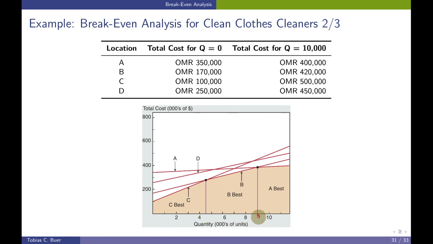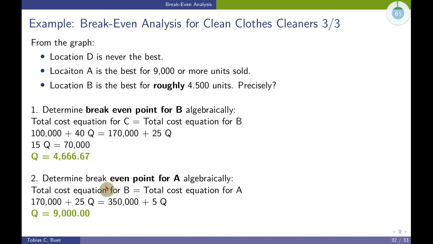We can repeat the procedure to identify at which quantity A is better than B by setting the total cost of B equal to the total cost of A and solving for Q, and the result is 9,000.